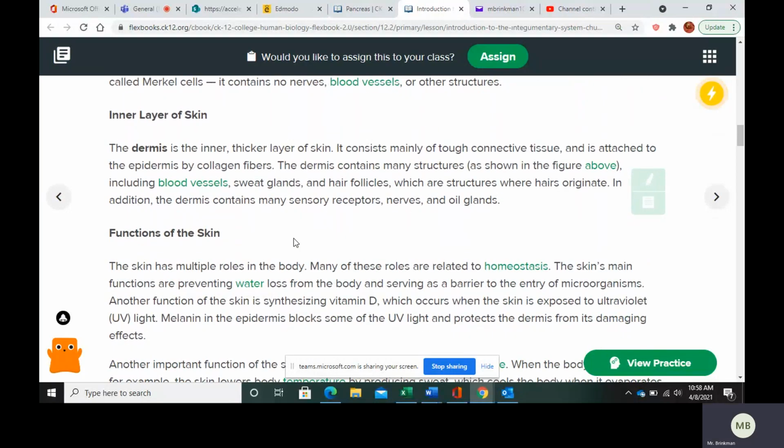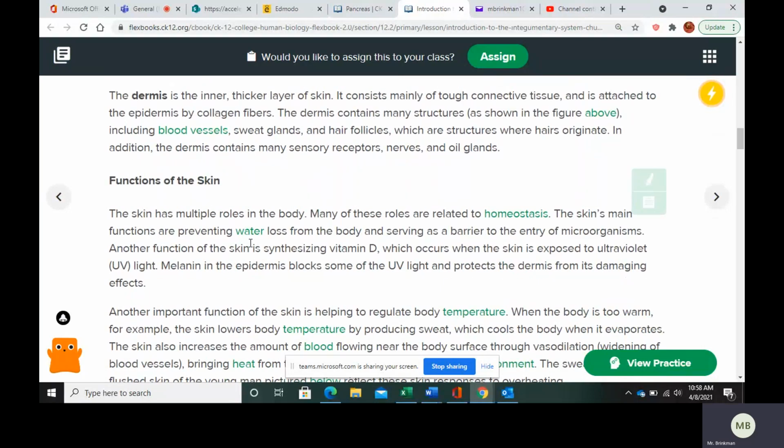The inner layer of the skin is the dermis. This is thicker. It's mainly made of connective tissue and is going to be attached to the epidermis by collagen fibers. So the skin is going to have many functions.